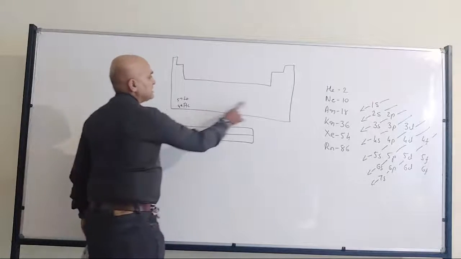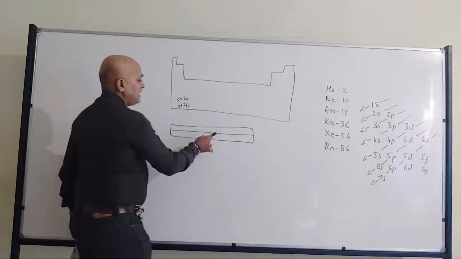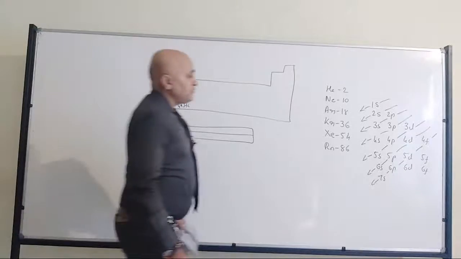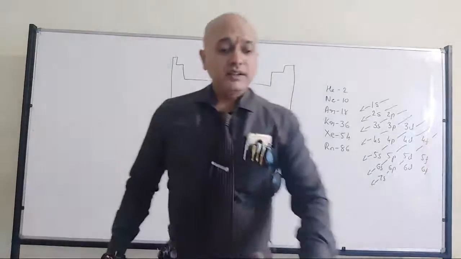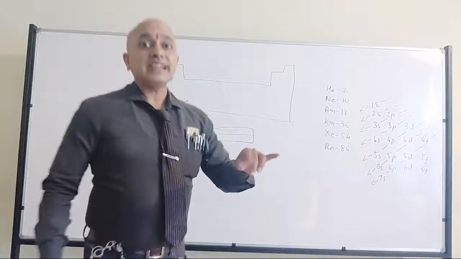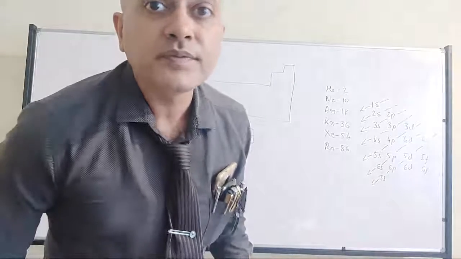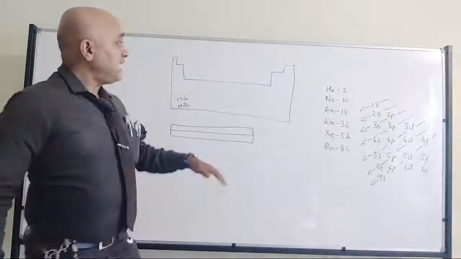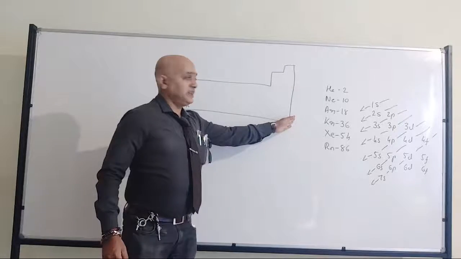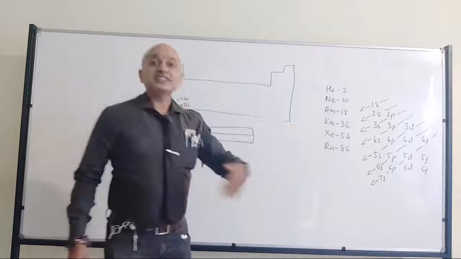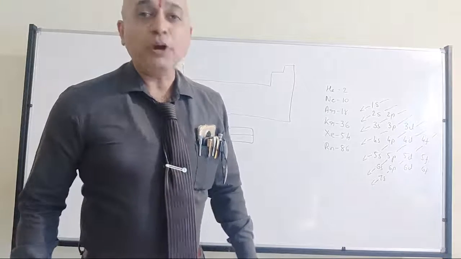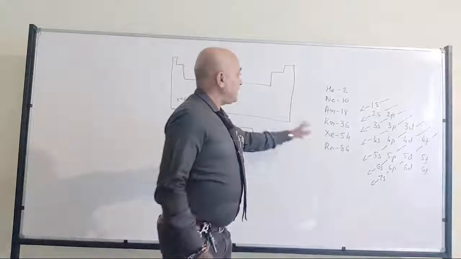They are not present here; they are present at the bottom. That is because I am talking about the 6th and 7th periods. If new elements are found, they would be added at this point only, and then we would have to disturb the periodic table. The shape would change, no doubt.